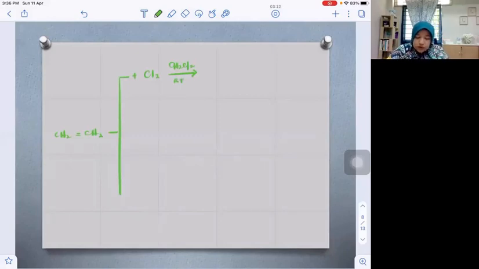So the product will be a dihalide. Since we are using chlorine, it will produce a dichloro compound. One chlorine is attached to the first carbon and another chlorine to the second carbon, so the product will be CH2Cl-CH2Cl. Or in skeletal structure, it will be like this, with one chlorine on each carbon.